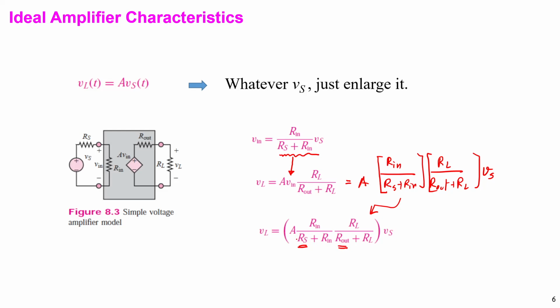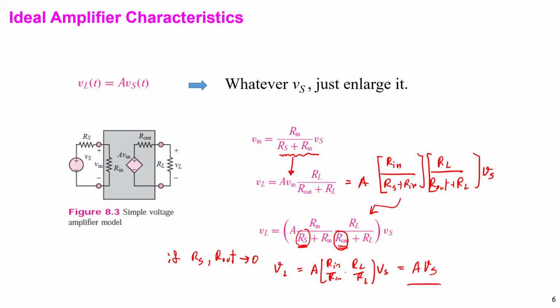So if Rout and Rs is negligible, this will be 1, right? This will be AVs. In case Rs and Rout go to 0, VL will be A Rin by Rin, RL by RL, and Vs, and then it's AVs, right?